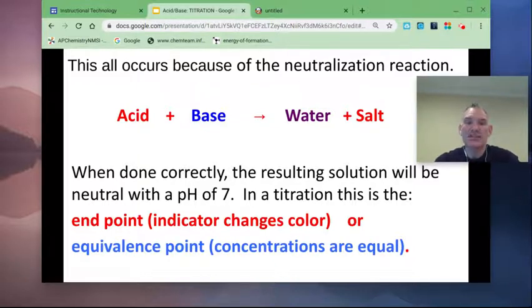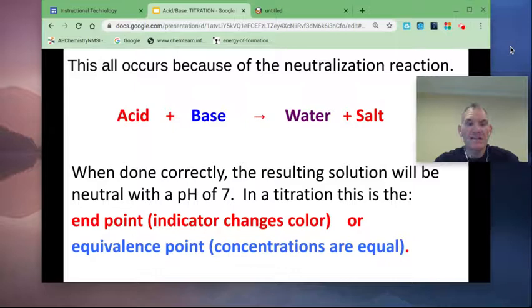In titration, when this occurs, we call that the end point, where the indicator changes color. But it also tells us that the ion concentrations are now very close to being equal. We call this the equivalence point. This is where the concentrations of the ions, the H plus for acid and OH minus for base, are pretty close to being equal, if they're not equal already.